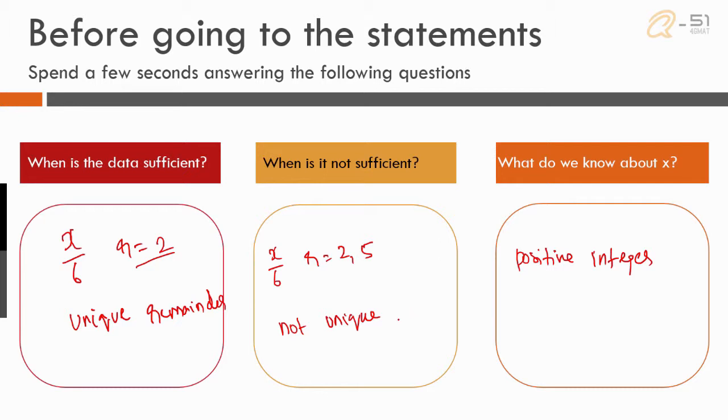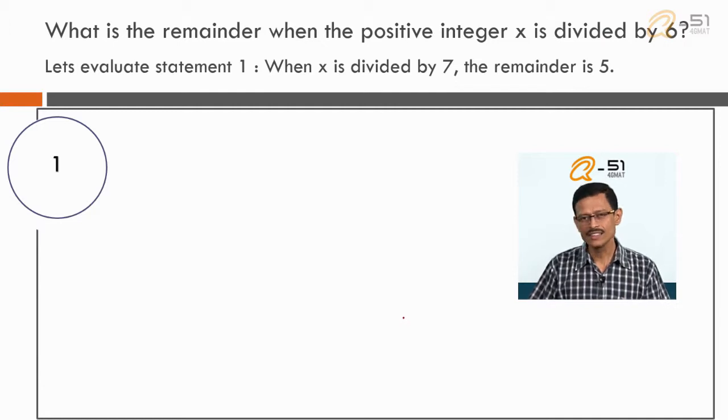Now let's get into the statements. Statement 1, we'll evaluate the statement. When x is divided by 7, the remainder is 5. We have chosen this question primarily to highlight that many questions of this nature can be solved if we can figure out a counter example.